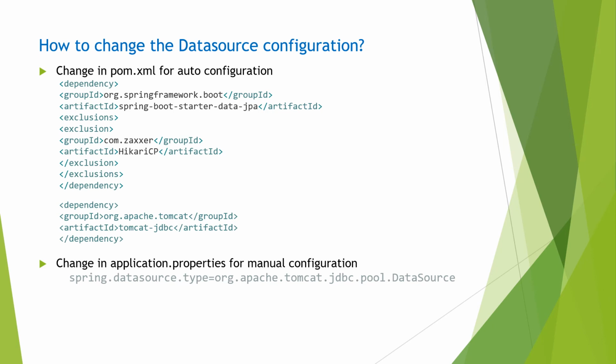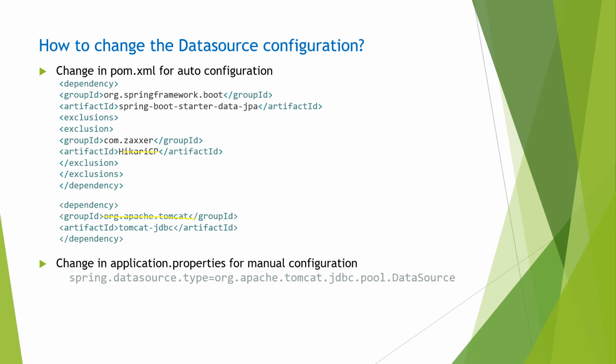Once it is excluded, we need to add the desired data source in our dependency. Here the data source we are using is Tomcat, and we are excluding Hikari CP. So Hikari CP is excluded and Tomcat has been added.